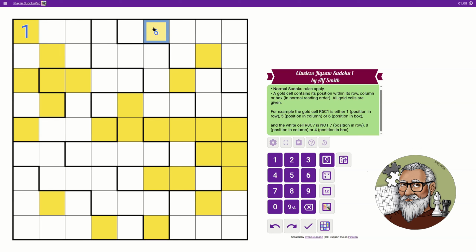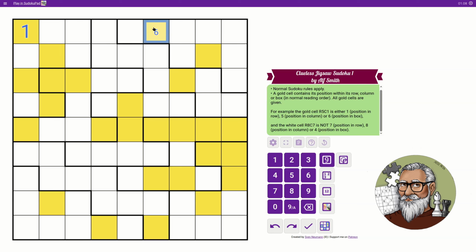Well, it could be 2 because of the row or the column, and its position in the region is 5, right? So it's 2 or 5. Right. And here it's 2 in the column, it's 8 in the row, and it's 7, right? in its region.